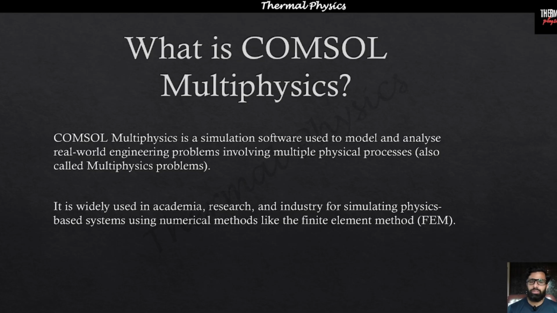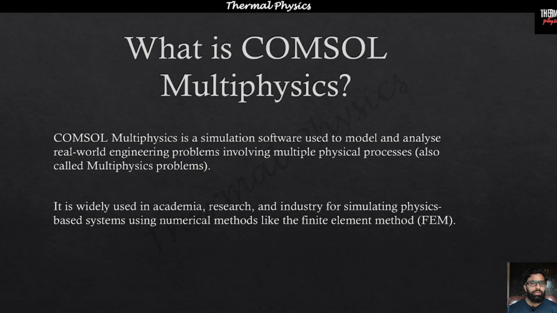So what COMSOL basically is, it's both a modeling and simulation software, like I taught in the last video. What is modeling and what are its various types, what is simulation and what are its various types. So this COMSOL software has both the capabilities, that is the modeling as well as the simulation.